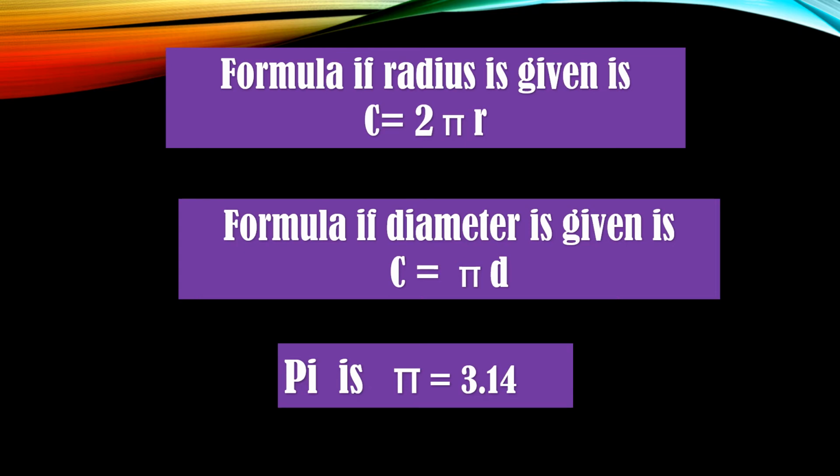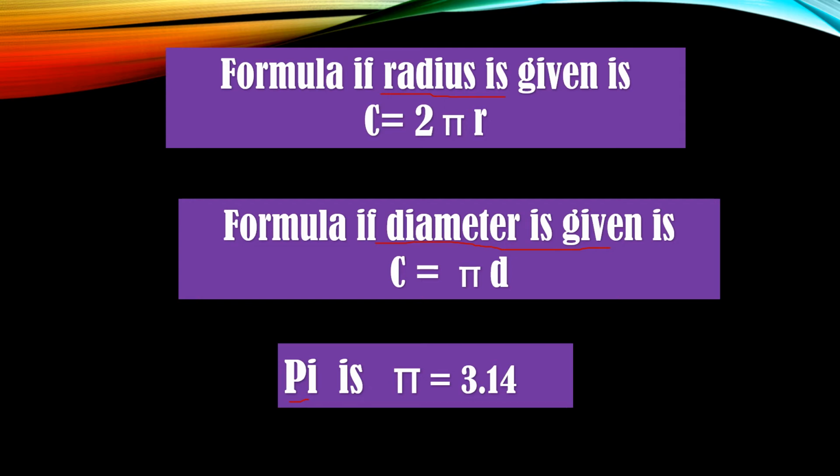Okay? If radius is given. Now, the formula, if diameter is given, is circumference is equals to pi d. Now, the pi is always constant, no? It is approximately 3.14. Remember that.